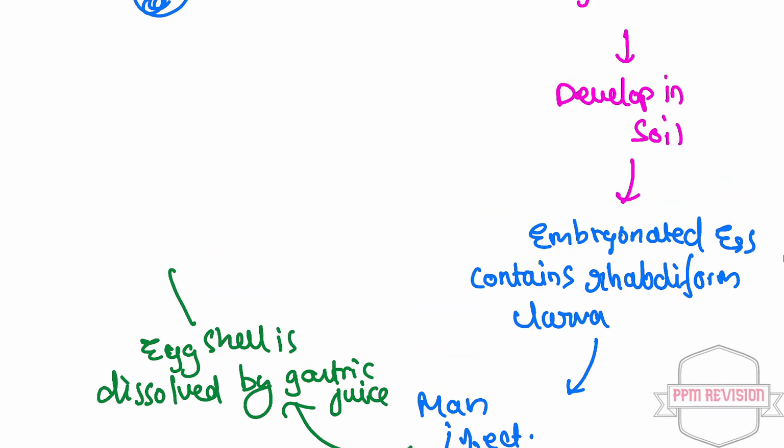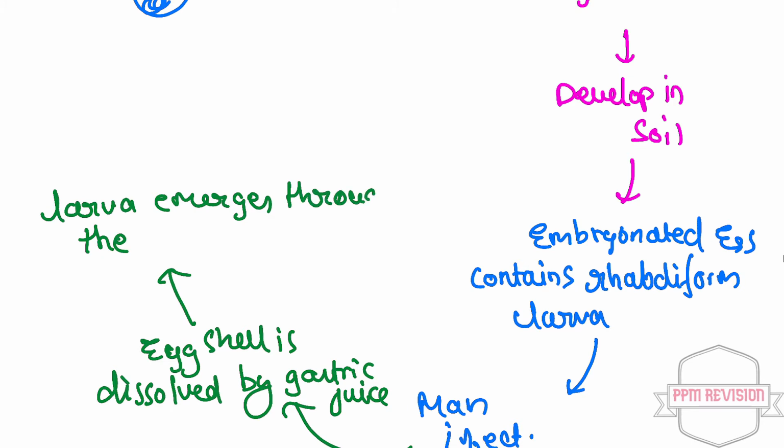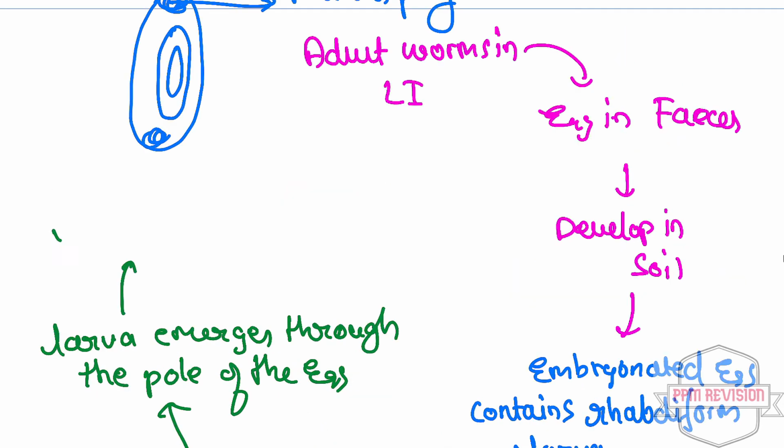Next, it moves on and the larva emerges, and this is through the pole of the egg. Next, what happens is this moves further and the larva is liberated.